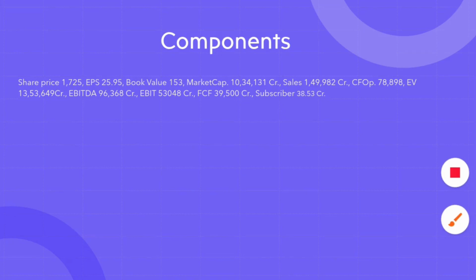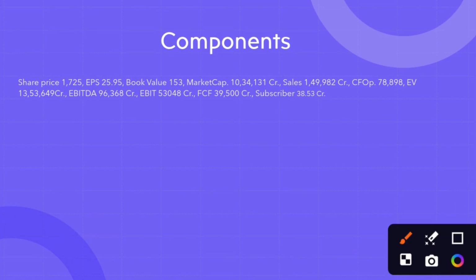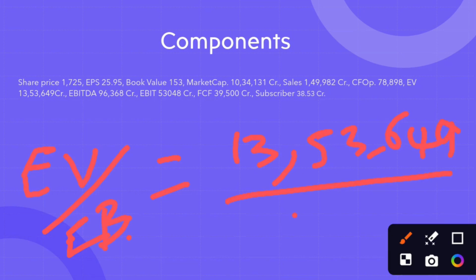Now we are going to calculate the enterprise value by EBITDA. We have already discussed EBITDA. Enterprise value is 13 lakh 53,649 crores, divided by the EBITDA, which is 96,368 crores.